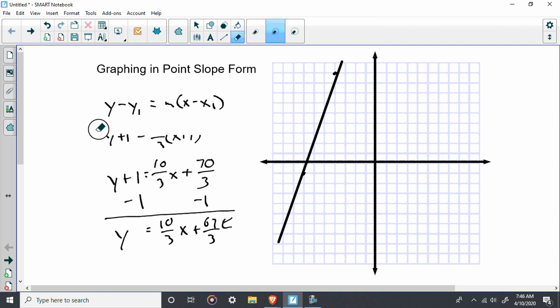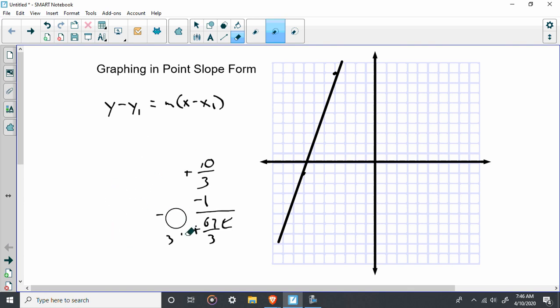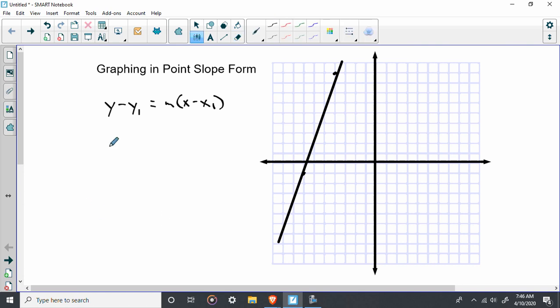So I'm going to go over 2 more examples, then I'll explain why it works, and then I'll let you guys go. So again, what do we got? We've got y minus 3 is equal to 3/4 times x minus 4.